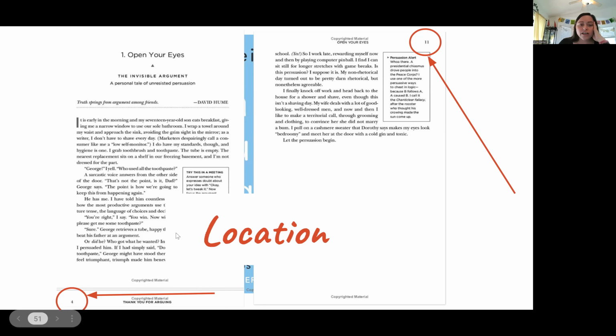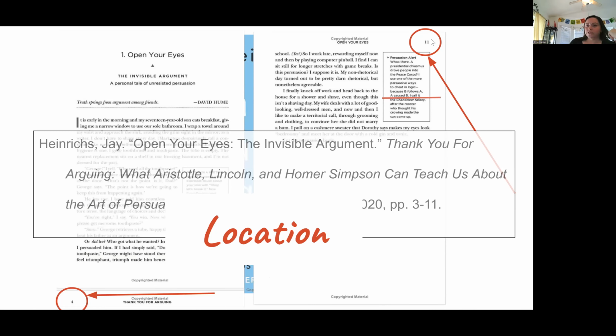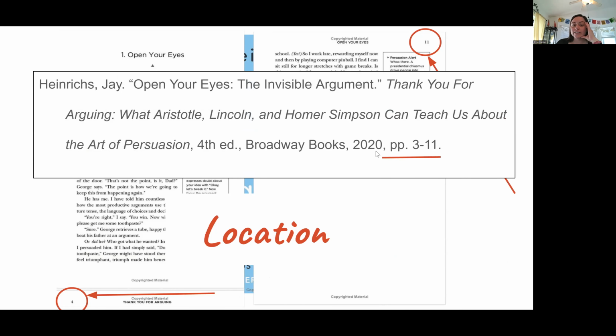A lot of times they don't have the first page number of a chapter anywhere where you can see it. And so you have to go to the next one and then use your math and minus 1. And you have to go and find where the chapter ends. So here we have our date, comma, pp. 3 through 11. So here I've cited just a chapter from the book.